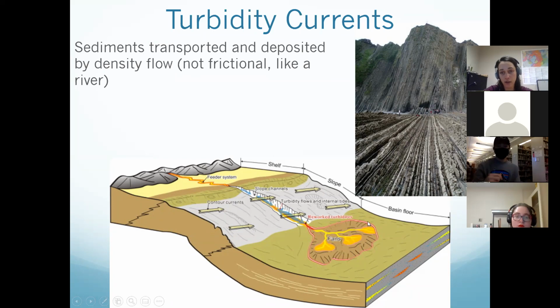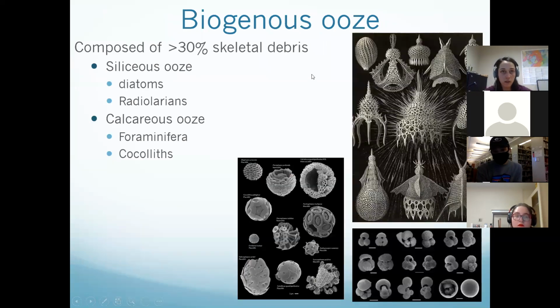So the reason why it creates this shape is because as it's flowing down the slope, it's got a lot of gravity, right? Gravity is working in its favor. It's bringing it down this relatively steep slope. And then once it hits the basin floor, gravity sort of stops working, right? I mean, gravity is still working, but because it's on a basin floor, there's no longer anywhere for it to go down. So instead, it fans out.